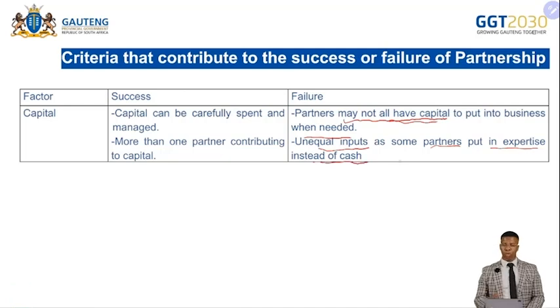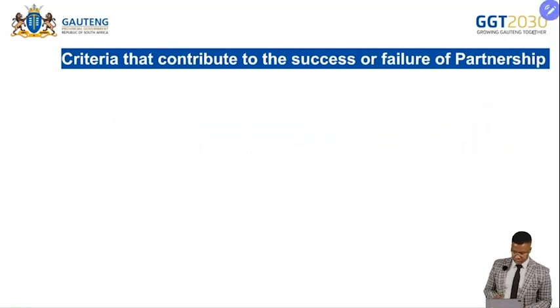So that can also lead to a failure, because some partners may feel like, why are we contributing money while others are only contributing their skills towards the business? So that may lead to a failure, because some of them may want to dominate the decisions that are being made with the perspective that they have contributed money in that partnership.